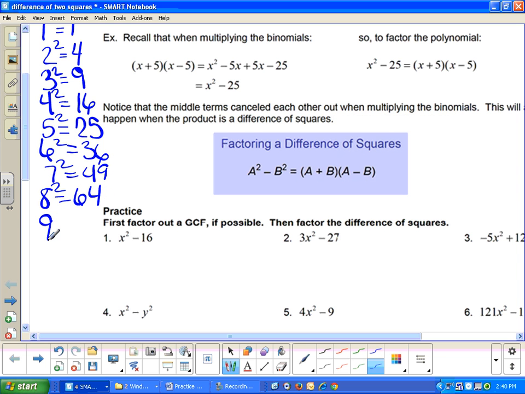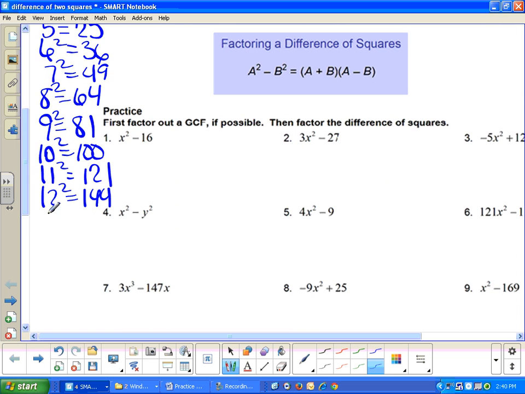You should have them memorized through 100. And I think we even talked about, at younger ages, 11 and 12. And then there are a couple more that you should know. 15 squared is 225, which we use a lot in geometry. 20 squared is 400. Okay, so those are a list of squares.